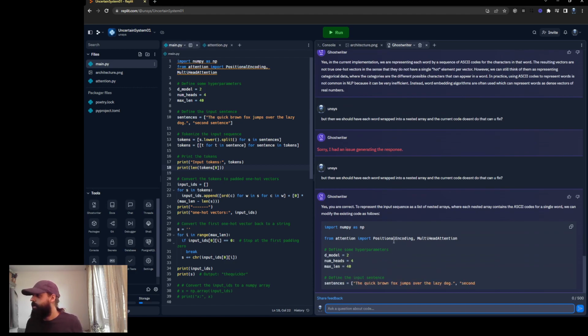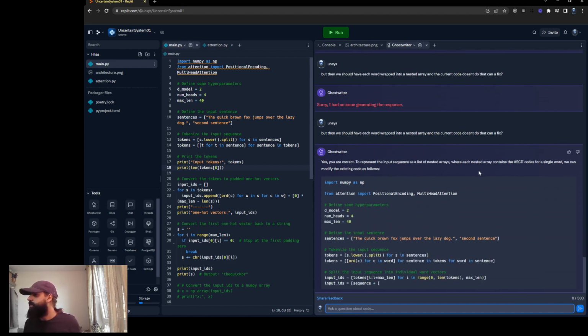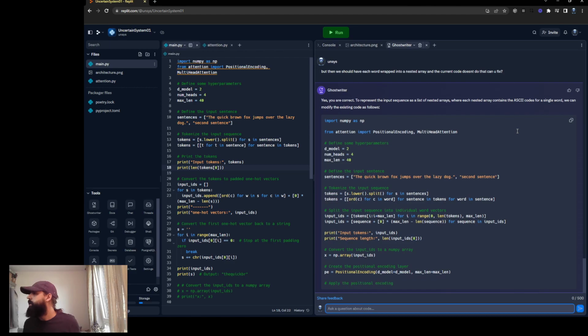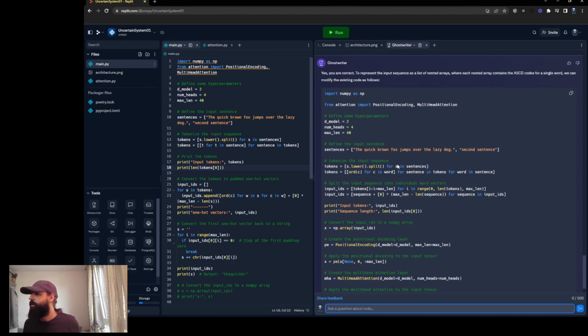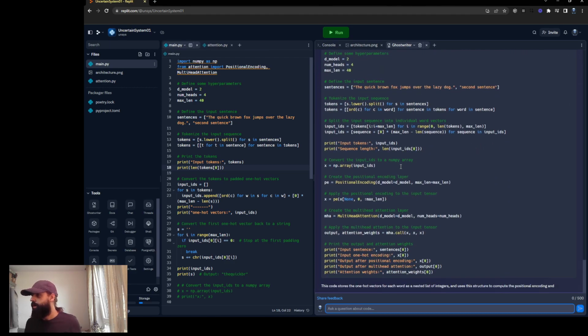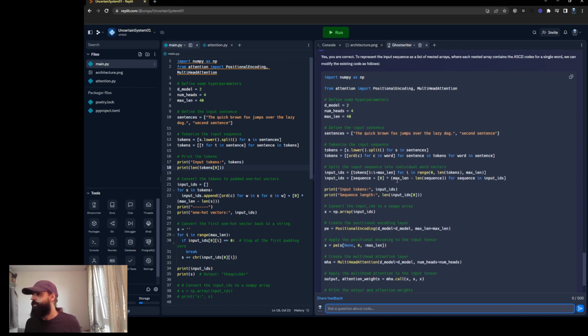To represent the input sequence as a list of nested arrays, each nested array contains... exactly.